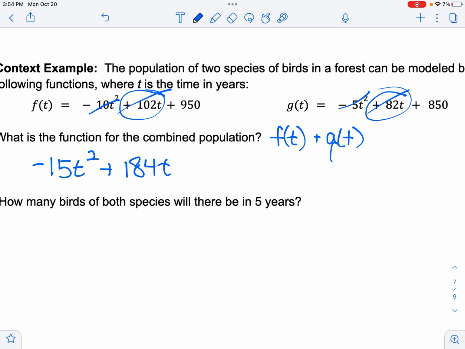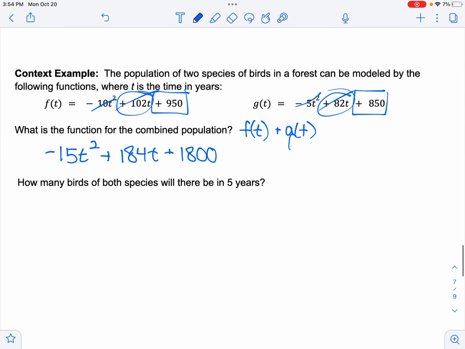Okay. And then I have 950. So 900 plus 850. 900 plus 800 is 1700. Plus another 50 on each side would give me 1800. Okay. So that would be the combined function. It would usually be named like that.